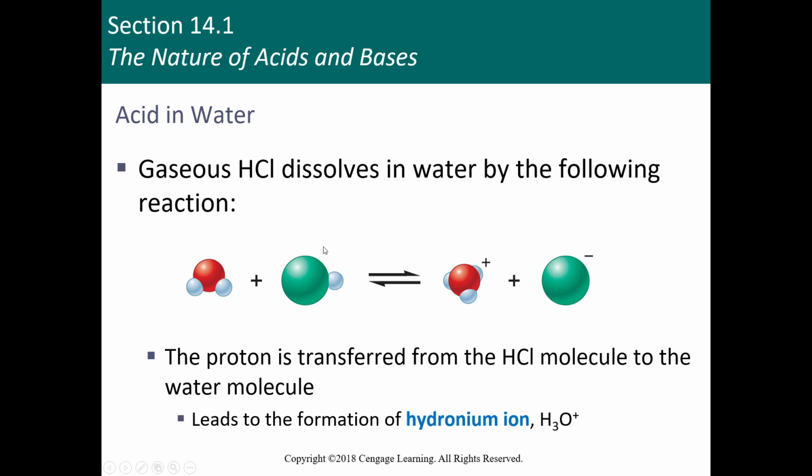What you have in water is that water will act as a base if you put an acid like HCl in it. And so what happens is HCl will donate a proton to the water, giving you H3O+, which is called the hydronium ion. And then it will have its conjugate base remaining, which in this case is Cl-.